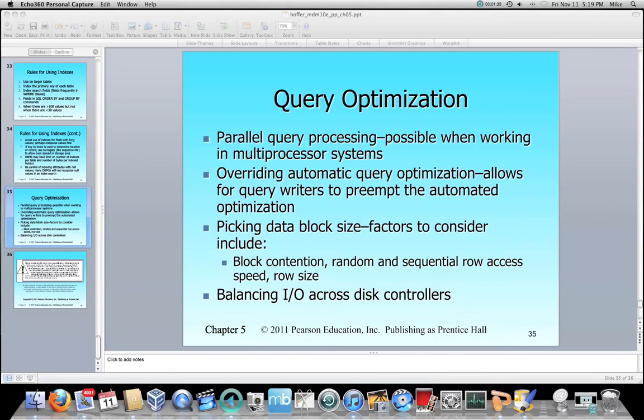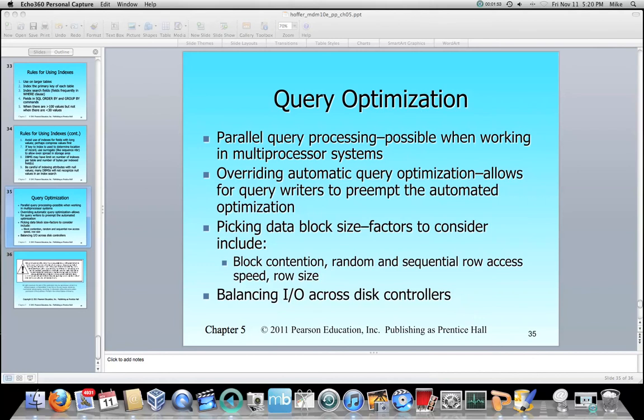So if it's possible to spread the load of all those different queries to the different processors, we can have what's known as parallel query processing, which is queries being processed across multiple processors.